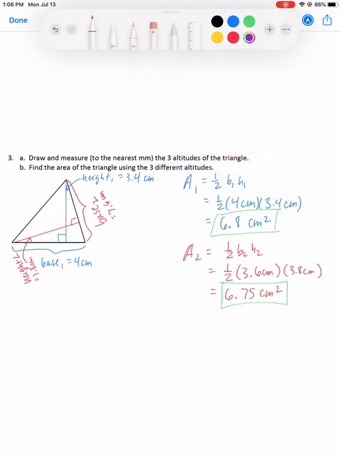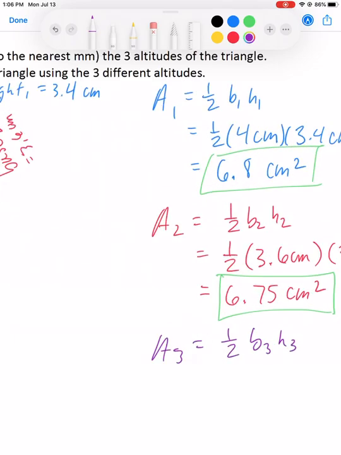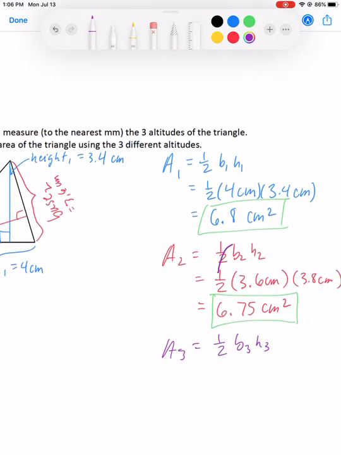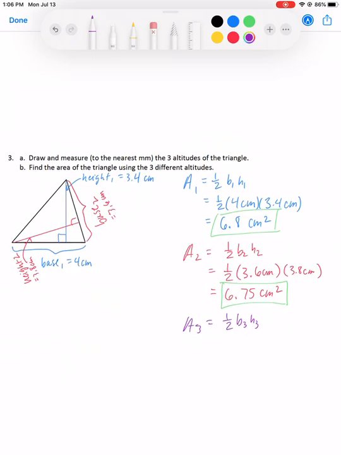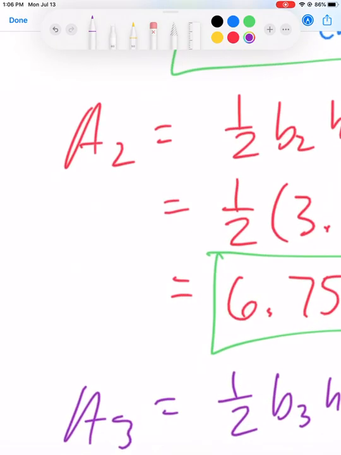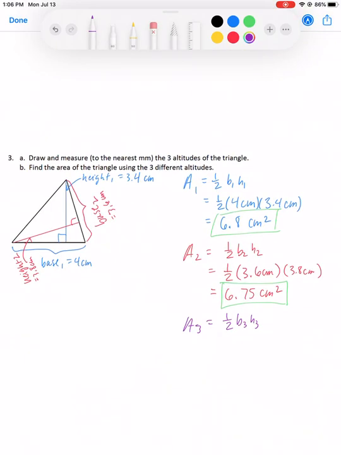Alright, so now we're going to do a purple one, area of 3. I need to find half of base 3 times height 3. Okay, sorry about that.